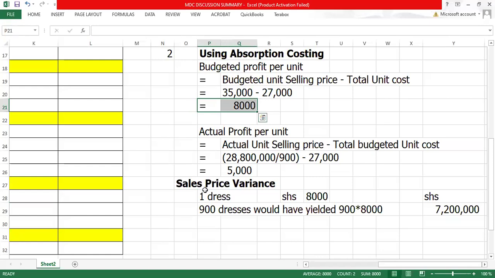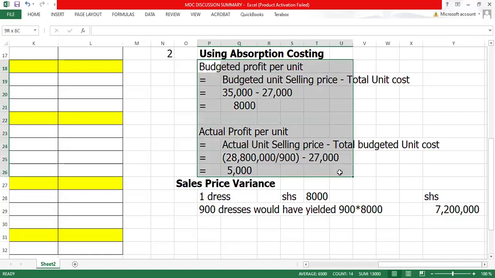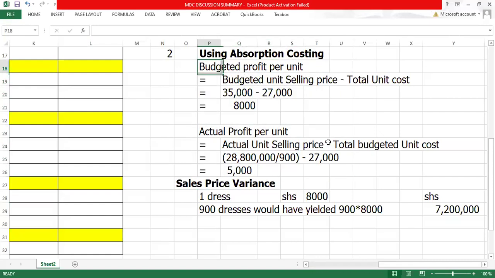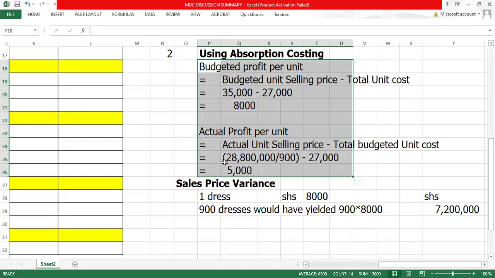But as you do this number, be asking yourself, how much had the company budgeted to earn in terms of profit on one dress? That's why it is good to start with these workings.